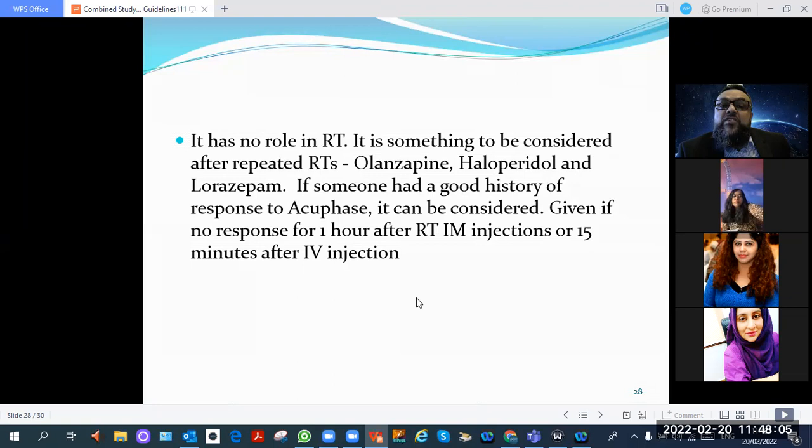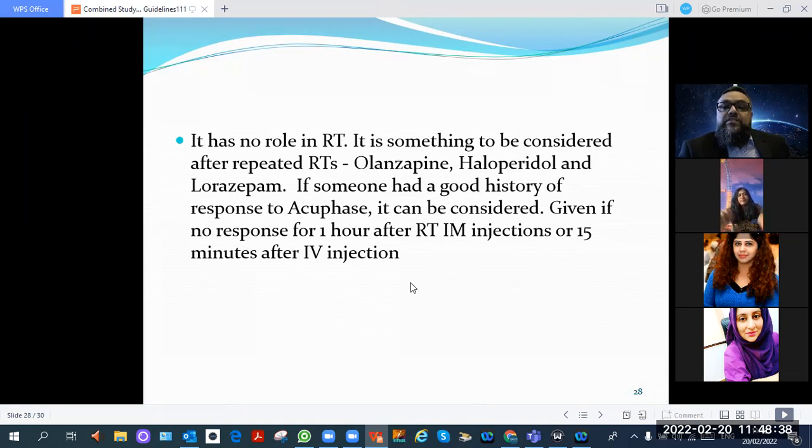It's something to be considered after repeated RTs, olanzapine, haloperidol, and lorazepam. If someone had a good history of response to Acuphase, then it can be considered. But again, you have to give at least 2 or 3 shots of haloperidol before considering it. Given if no response for 1 hour after RT IM injections, or 15 minutes after IV injections of the other things, then you can consider Acuphase.